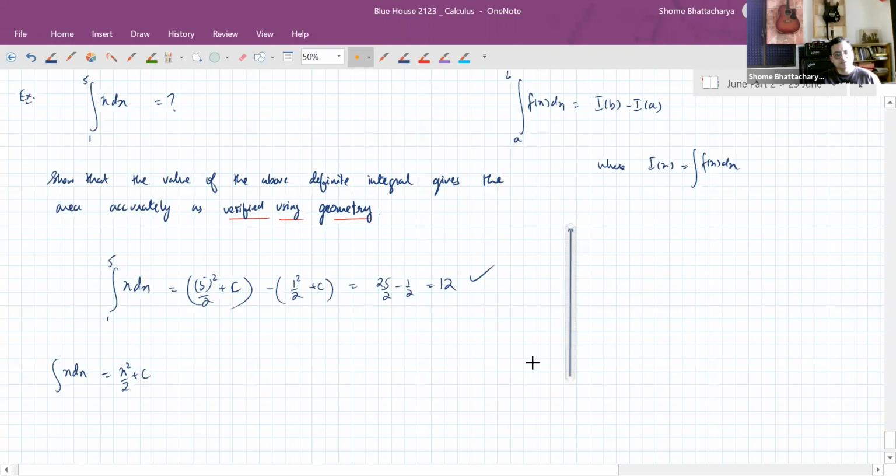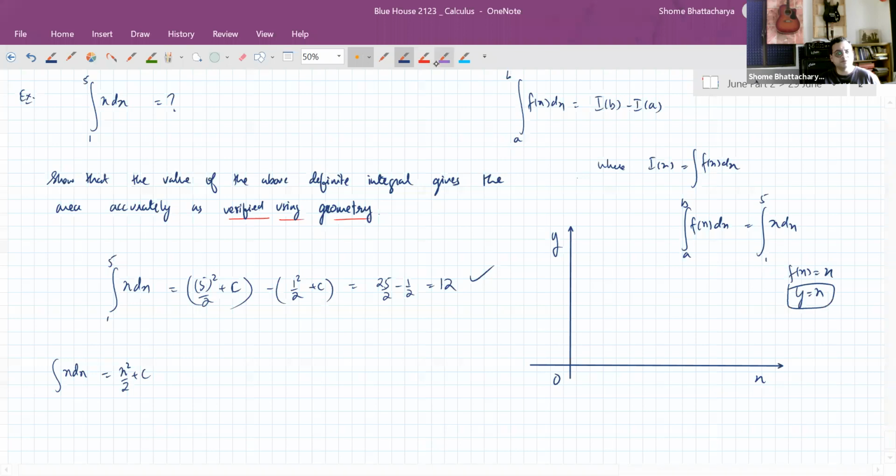Now you can also verify that this actually gives you the area, because in this case the function that we're talking about is a simple linear function. So this integration that we are doing from a to b, the function is x. So y is equal to x. This is what we have to plot now.